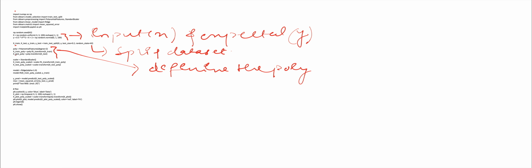Then we are putting in the training and testing data. Given the training and testing data, here we are standardizing the data. After standardization, here the regularization is happening.